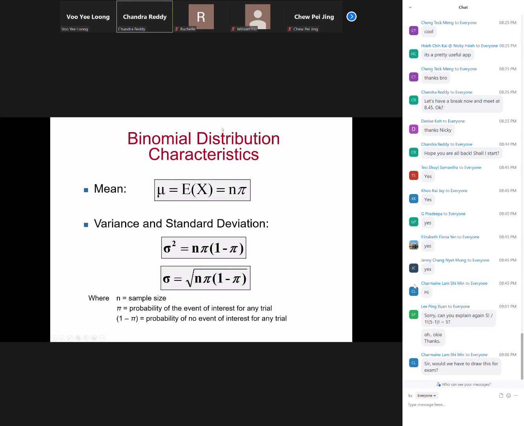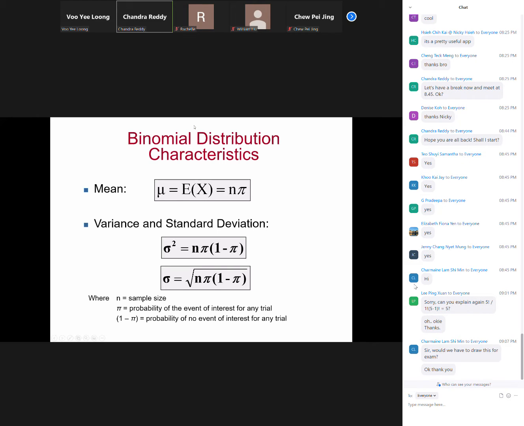For binomial distributions, you can also calculate the mean, the variance, and the standard deviation. The mean, or the expected value of the population, is simply n into pi. Because we know n, the sample size, and pi, the probability, the calculation of the mean is straightforward.